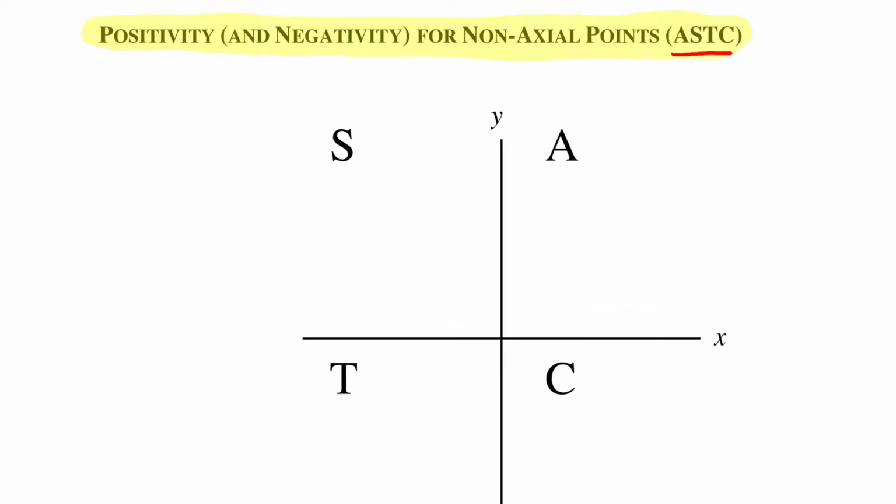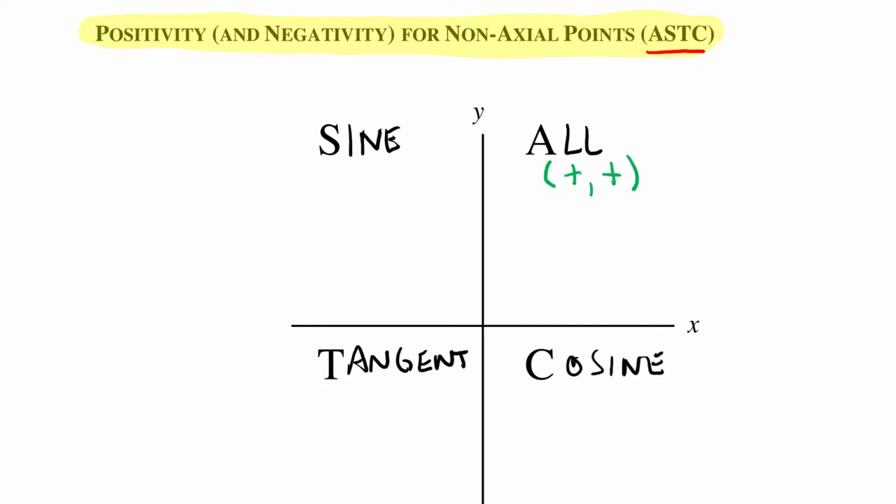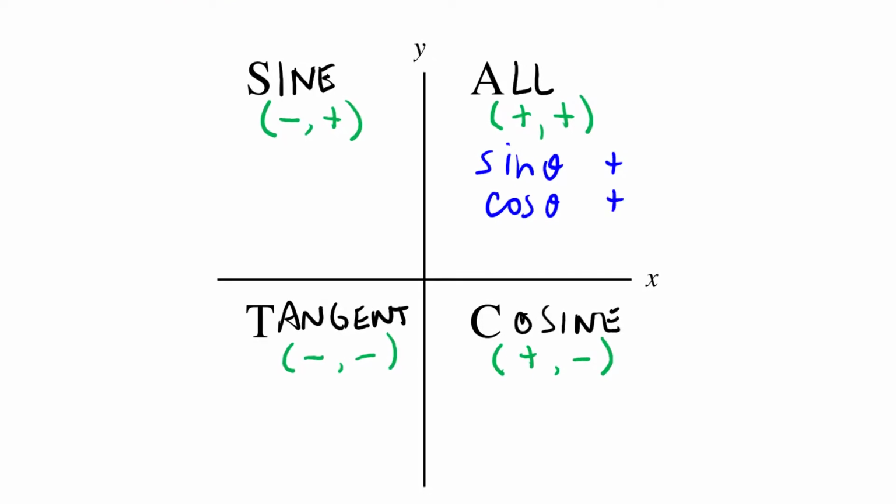Okay, so in the quadrants, not talking about axial points right now, but in the quadrants, we have positivity and negativity based on the location, and we use these letters A, S, T, C, A being all, S for sine, T for tangent, and C for cosine. And it all depends on the positive and negative x and y values in the different quadrants. So when we say that they're all positive in quadrant 1, that means sine, cosine, tangent, they are all positive.